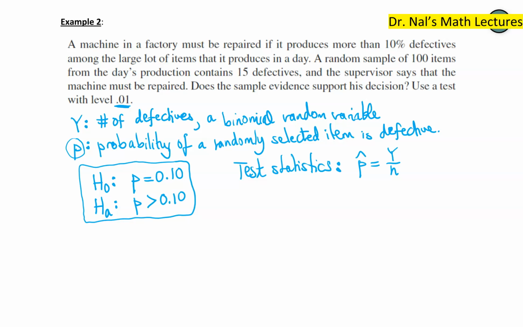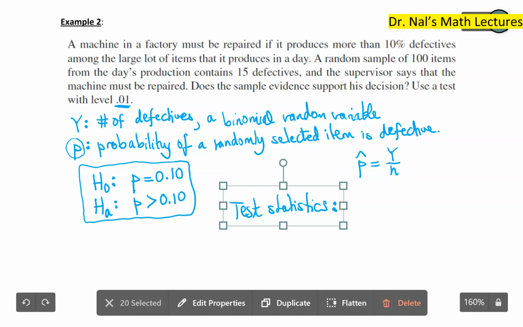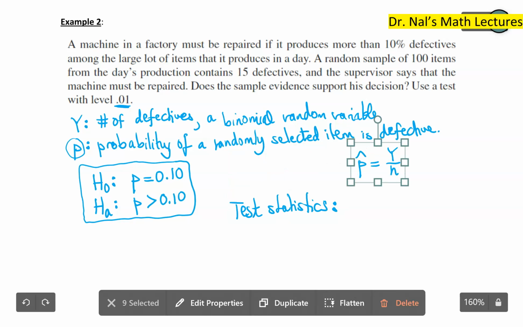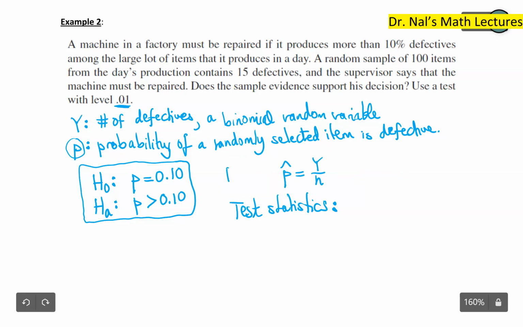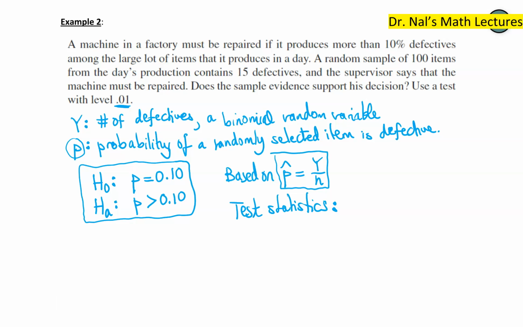So we are basing our test statistic on the fact that we can estimate the probability of a randomly selected item being defective as y over n, where y is the number of defectives in the given sample of size n.